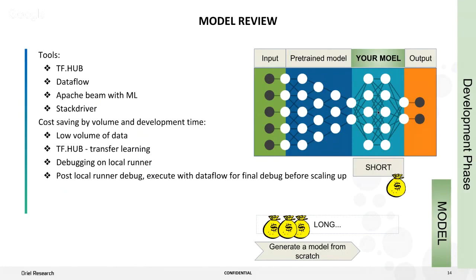This is usually a very short process when you leverage all the information and all the millions of samples that were already generated with the pre-trained models. So if you can take something from NLP, from image processing, or from any other model and use it to train your model, you're going to save a lot of time, execution, and money.